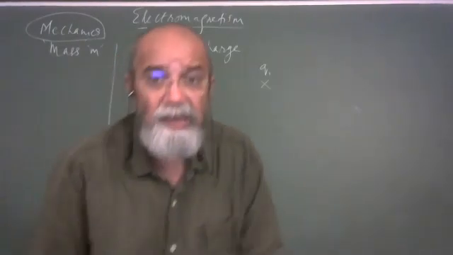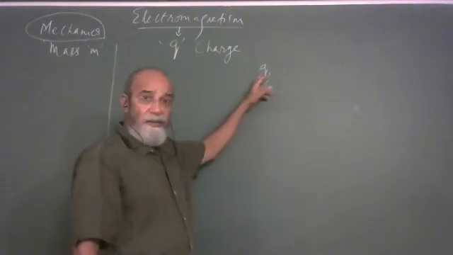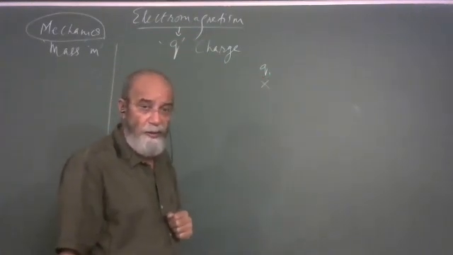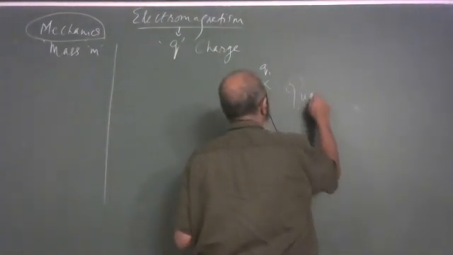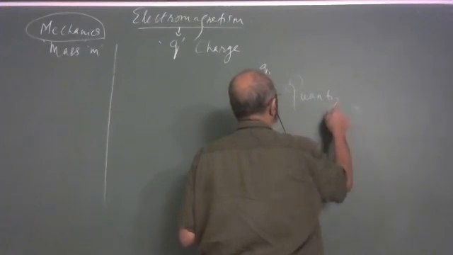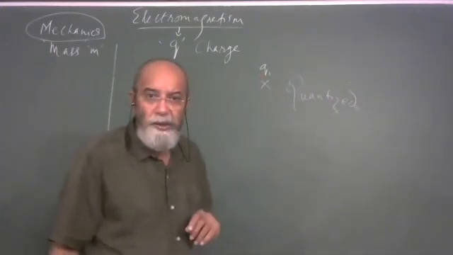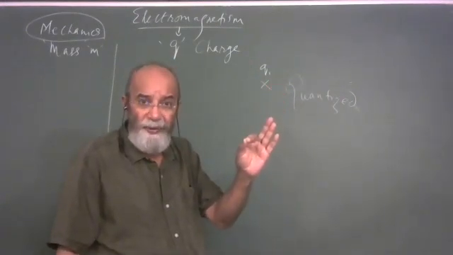So as I was discussing in my last class, this is the excess charge. Then I made another statement: the charge is quantized. That means charge is not a continuous kind of property.